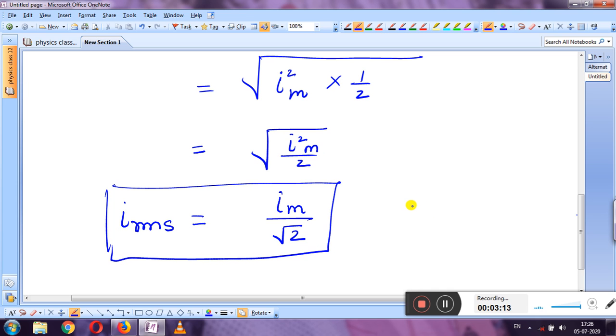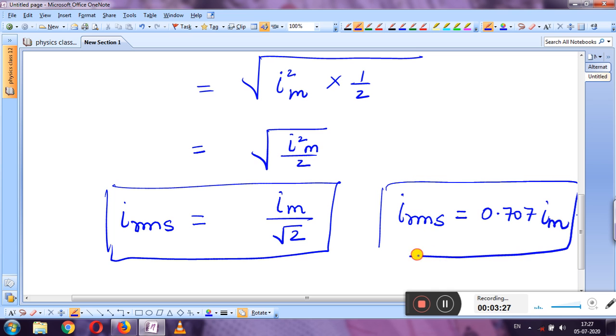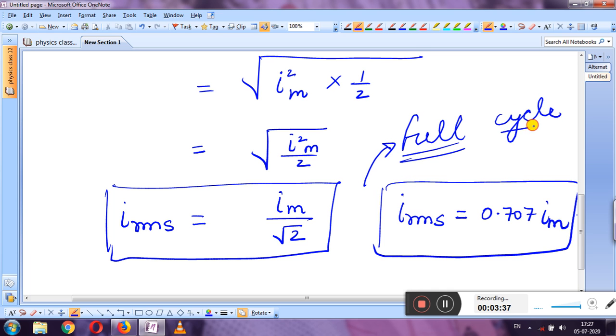This is in fraction form. If you want to write it in decimal form, it is 0.707 Im. Now children, you must be thinking, is it for a full cycle or a half cycle? Remember, it is for a full cycle.